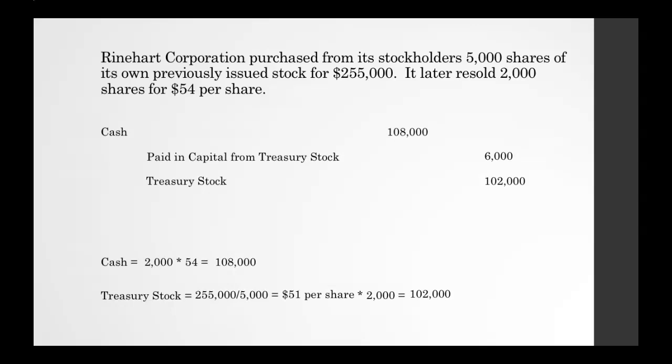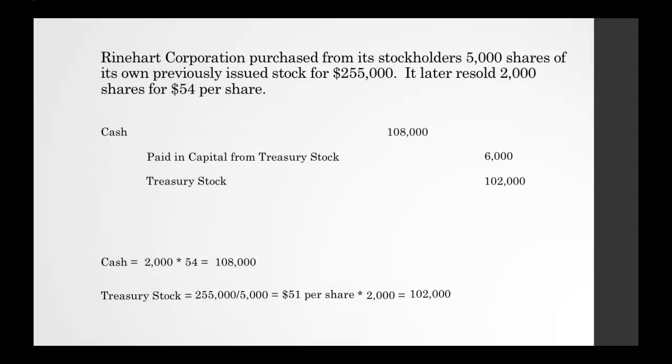Another way that we could do this is we take the difference in the per share amounts. So the amount per share that we are receiving in cash is $54. The amount per share that we bought back our treasury stock for was $51. So 54 minus 51 gets us a $3 difference per share.